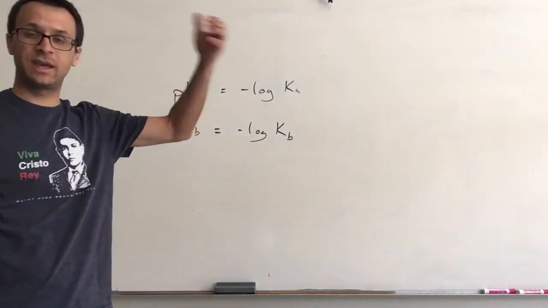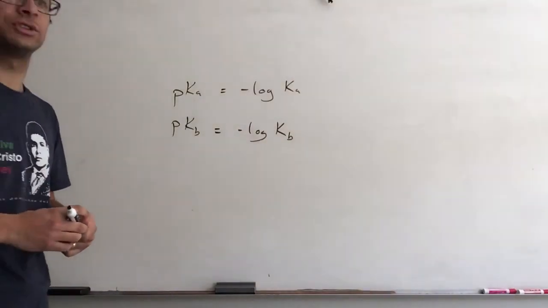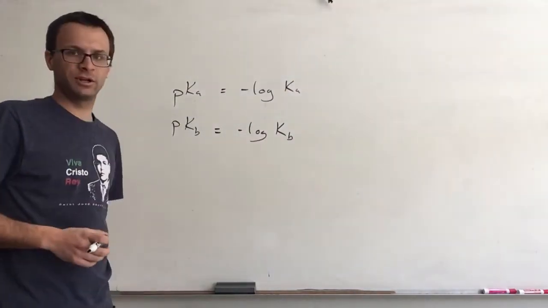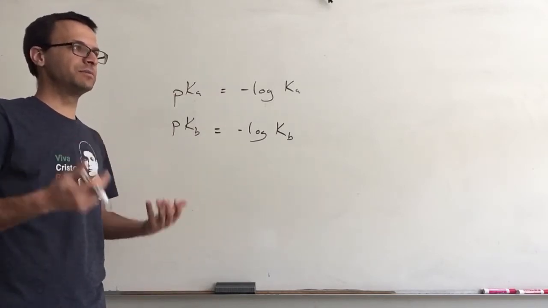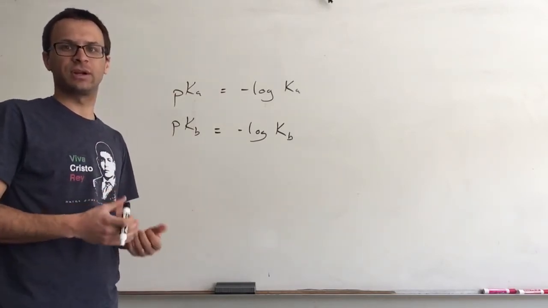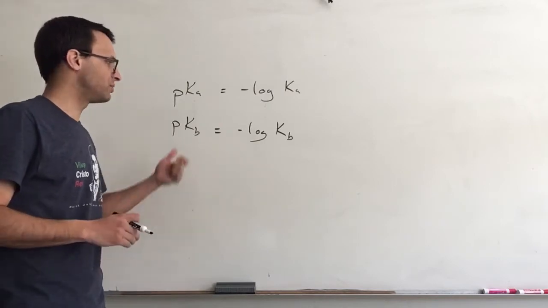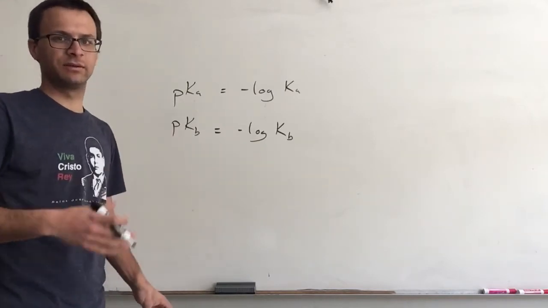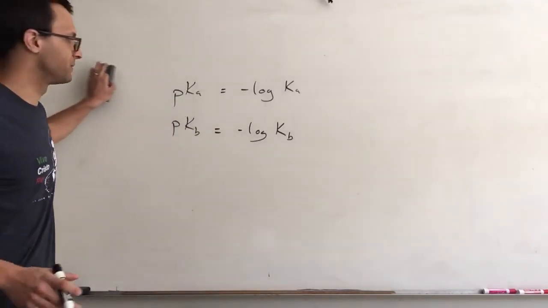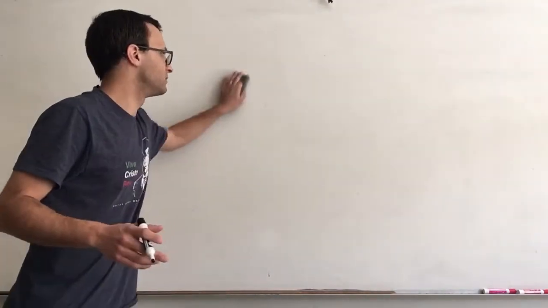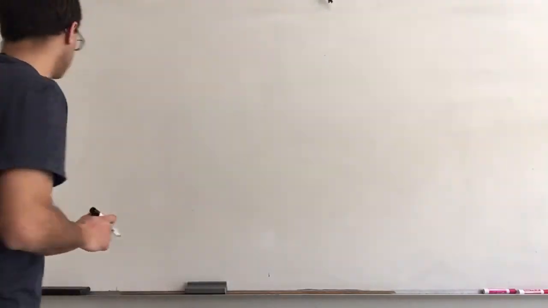It puts Ka and Kb values on an integer scale, a logarithmic scale where every integer shows a 10 times increase in the strength of an acid. This becomes important, pKa and pKb, a little later when we talk about things like buffers. But just so you know the formula. Okay. Next, before we conclude, a few key relationships.